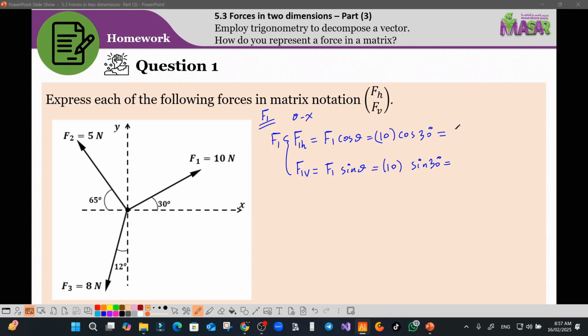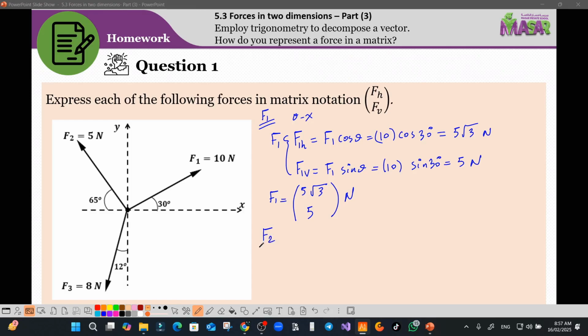The values are 5 radical 3 Newton, and here we have 5 Newton. So F1 in matrix notation is 5 radical 3 and 5 Newton.